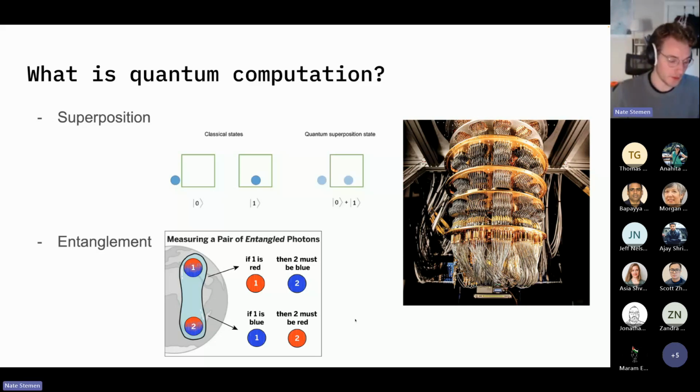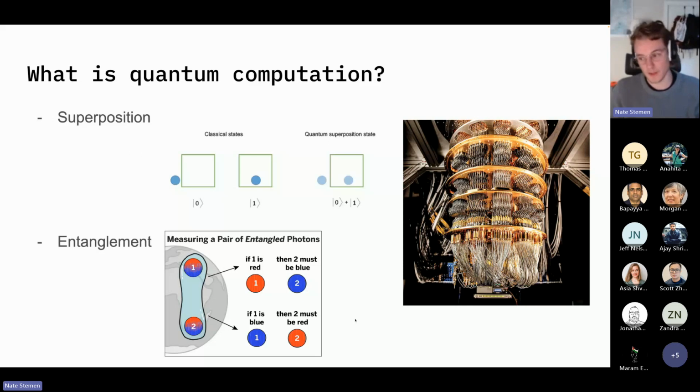If they're entangled in this particular way, if I look at the first photon and I see that it's red, then I automatically know that the second photon is blue without even looking at it. The other option for this particular entangled state is that if I measure the first photon and I see that it's blue, then I would know that the second photon is red, again without looking at it.